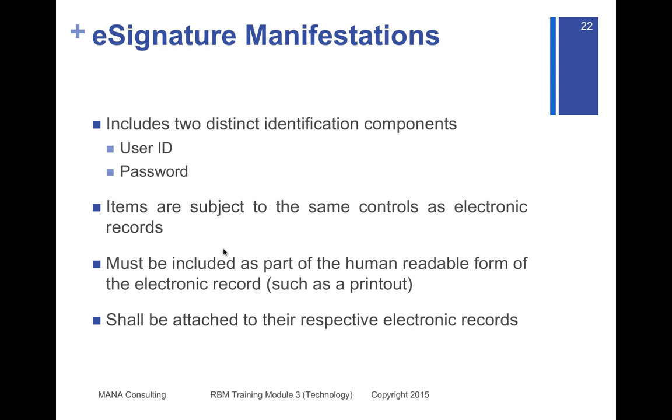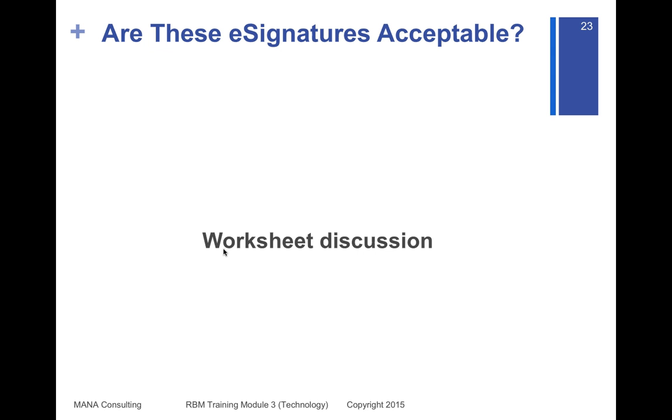If you have multiple e-signatures in a session, after the first one you may just need to enter one piece of one of the two forms of identification, but there are requirements that you must enter the username and password to show that you are executing that signature.